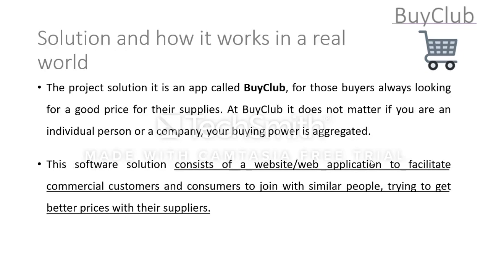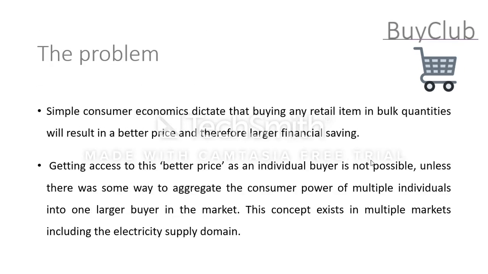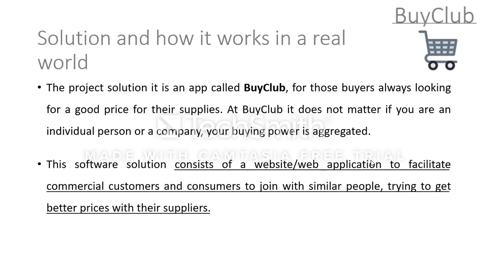So getting access to this product at a better price as an individual buyer is not possible unless there was some way to aggregate the consumer power and multiply the individuals into a larger buyer in the market. This concept exists in multiple markets, including the electricity supply domain.